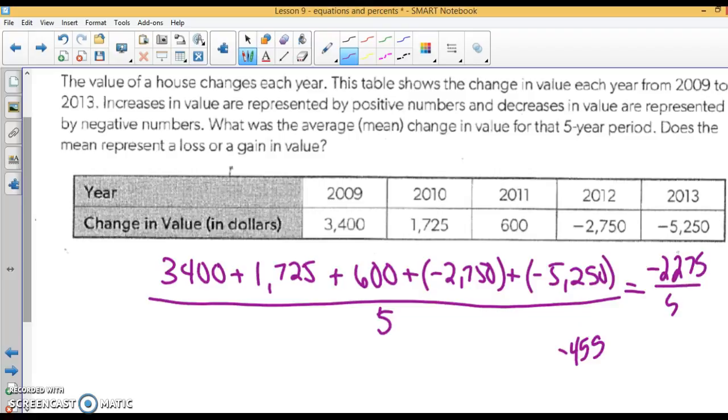So what does that mean? There's an average loss of $455 per year. Since it's a negative number, it's a loss. If that would have been a positive, it would be an average gain for the year.